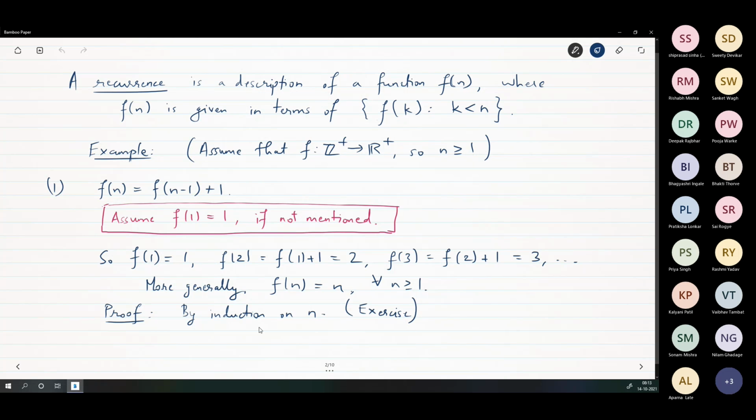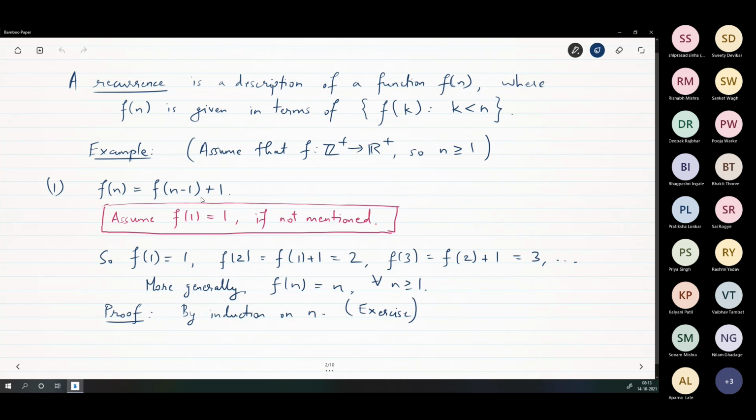Right, because by induction on n, f of 1 is given to be 1. Now, by induction hypothesis, assume f of n minus 1 is n minus 1. Therefore, f of n is f of n minus 1 plus 1, which is n minus 1 plus 1, which is n. Okay, so the induction argument is very, very easy. In the induction step you have to use the given recurrence relation.